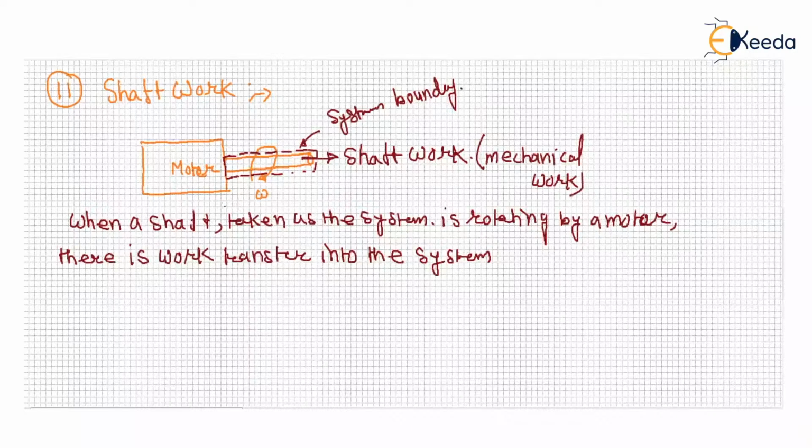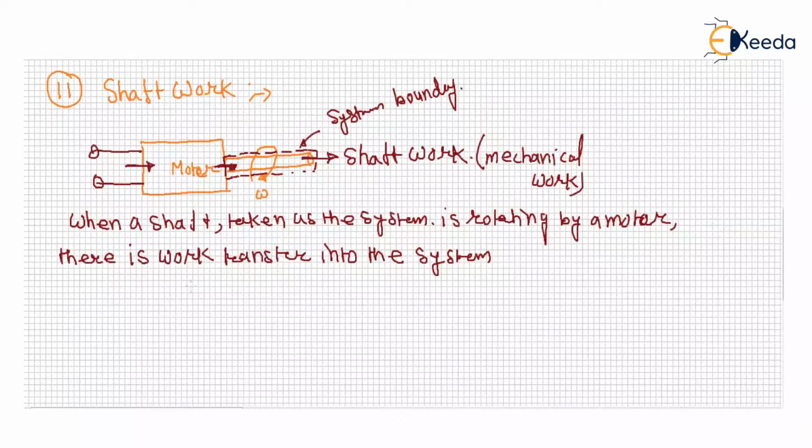Why? Because in a motor you are giving electrical work, and that motor will produce shaft work, because the motor will try to rotate the shaft. That means the motor will produce work into the system, and the system is the shaft.